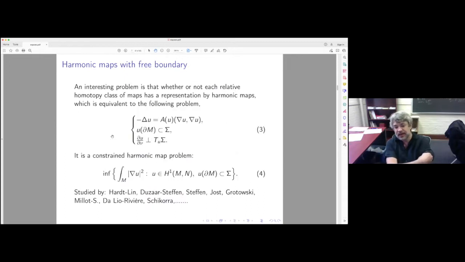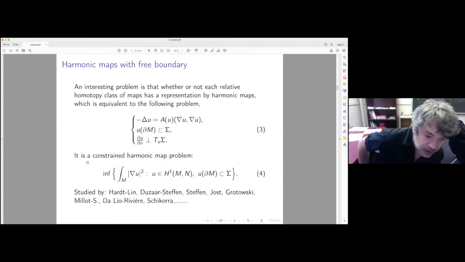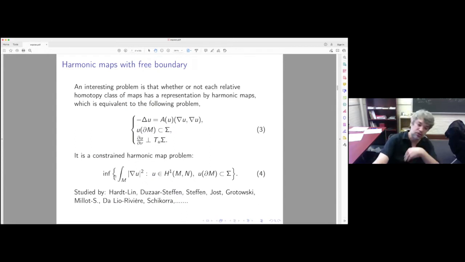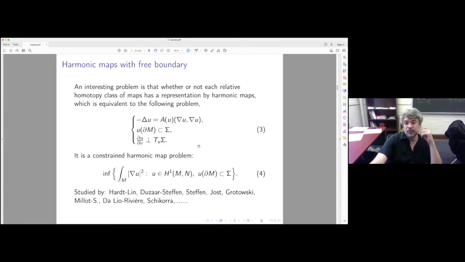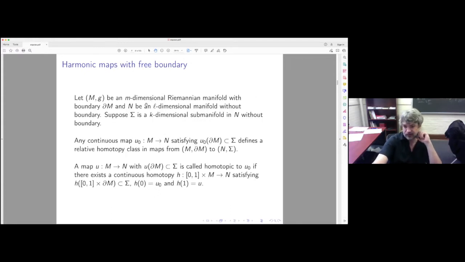And what happens when you look at the following constrained harmonic map problem: you look at the infimum, or a critical point, of the same Dirichlet energy, but now you constrain the problem so that the image of the boundary of the domain sticks to a given submanifold Sigma of the target. So think about Sigma being S1 and N being S2, for instance.